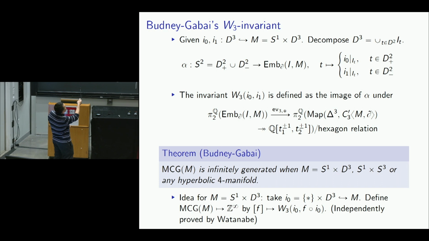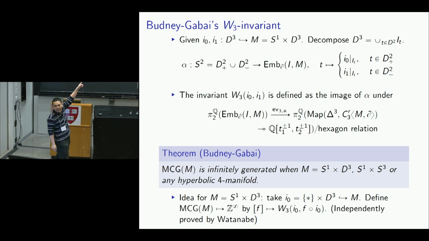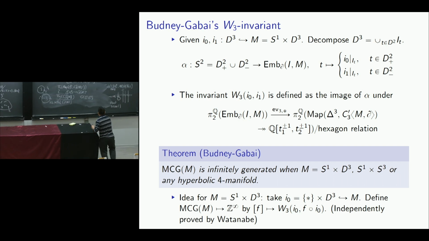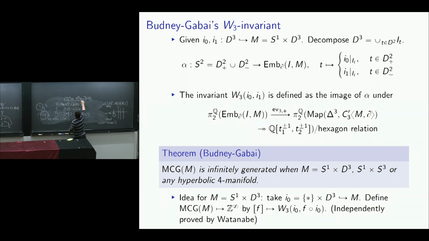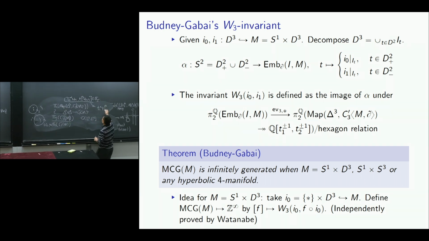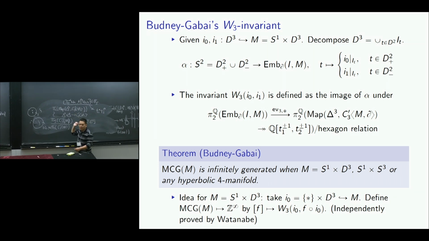Alpha, beta are just powers of T1, so this element corresponds to T1 alpha, T2 beta. Alpha, beta are just integers.